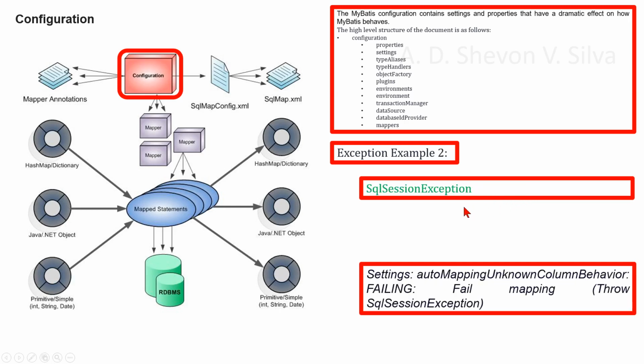As exception example 2, we can consider SqlSessionException. This can occur in the setting autoMappingUnknownColumnBehavior. If there's a failed mapping, it can throw SqlSessionException.